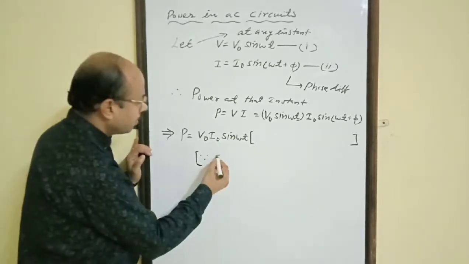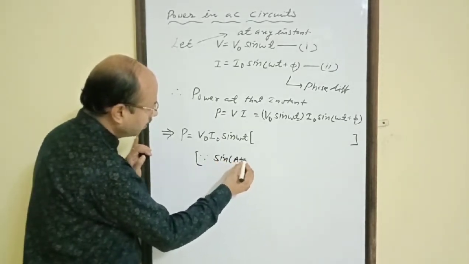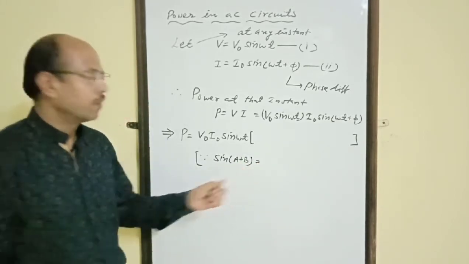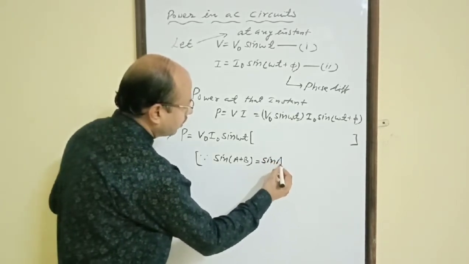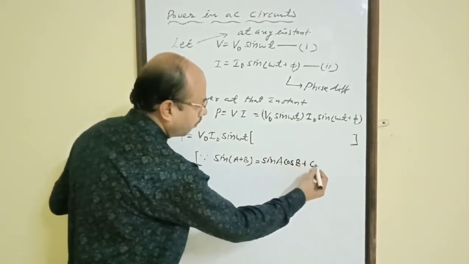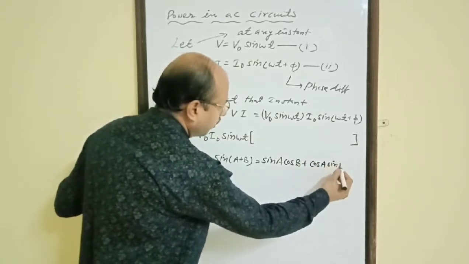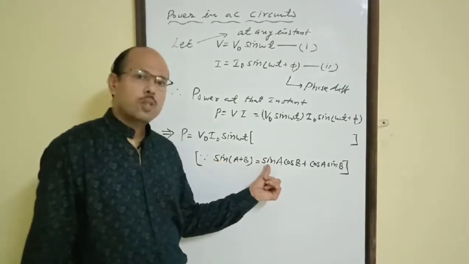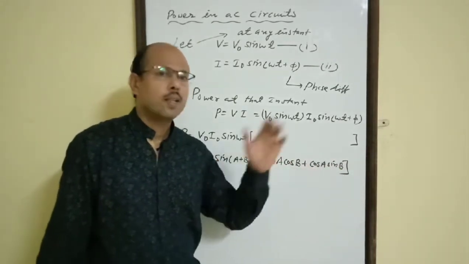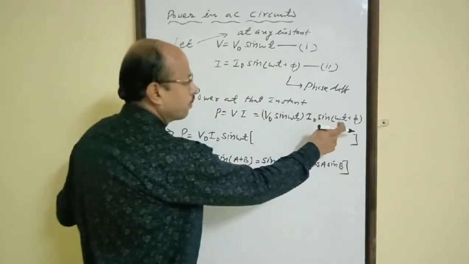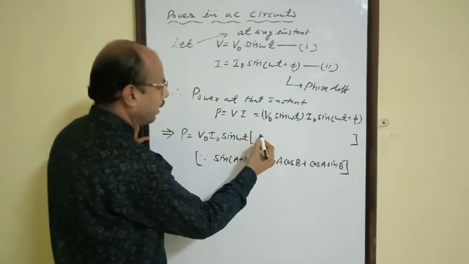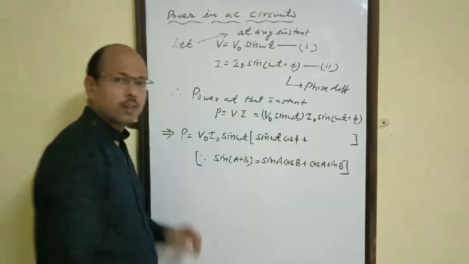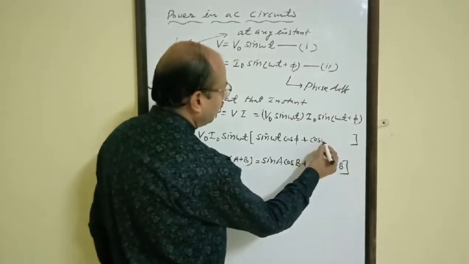Since sin(A plus B), I think you all know this formula very well. Sin(A plus B) can be written as sin A cos B plus cos A sin B. Here we are using this formula, where this becomes A and this becomes B. Therefore we write sin omega t cos phi plus cos omega t sin phi.